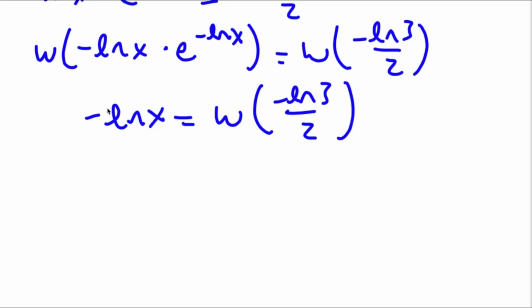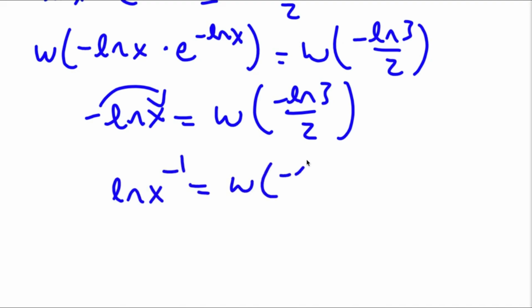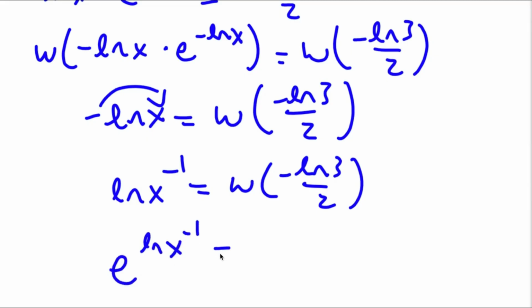So now I can move this -1 back to the front. So now I have ln x to the power of -1 is equal to W of negative ln 3 over 2. And now if I take e on both sides, I get e to the power of ln x to the power of -1 is equal to e to the power of W of negative ln 3 over 2.